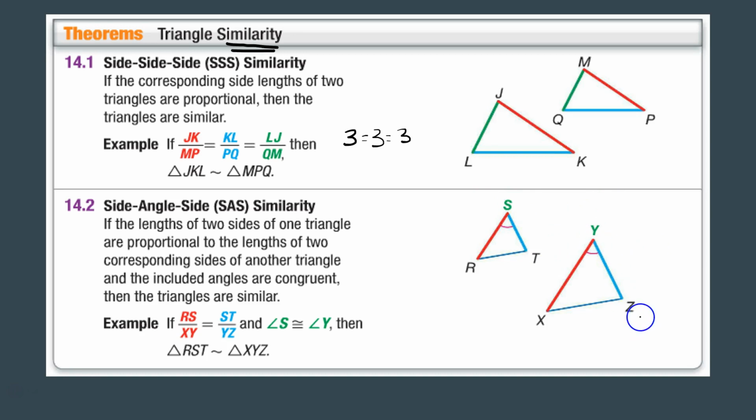They must be proportional, which means just like up here, when we checked them off, that 3 is equal to 3, or whatever it may be. And the angle one, that one's easy. We're saying this angle is congruent to this angle. And if this is true, then we know that triangle RST is similar to triangle XYZ.